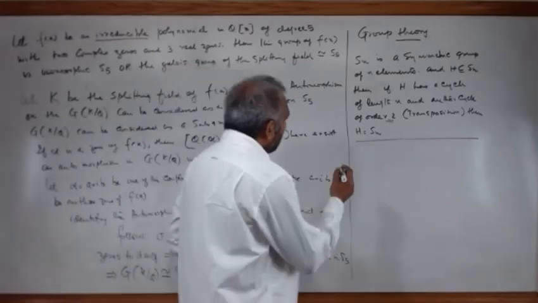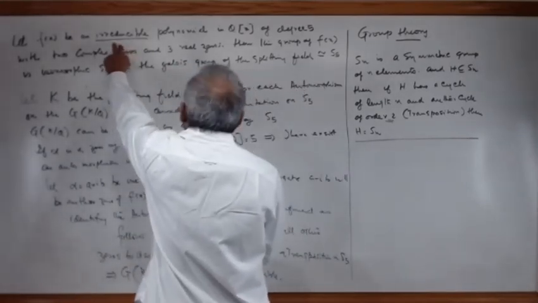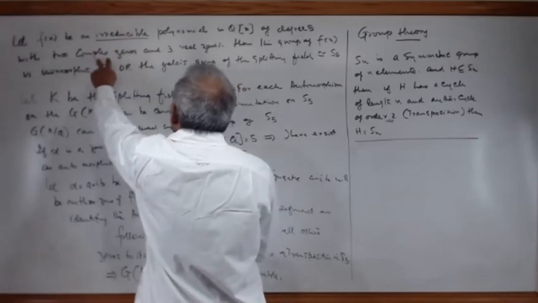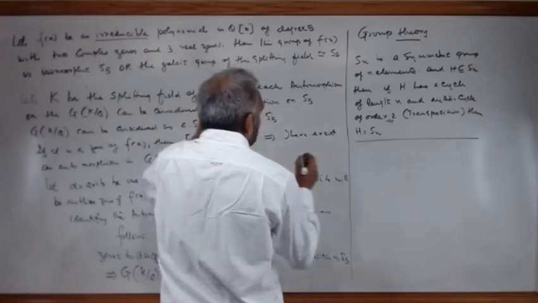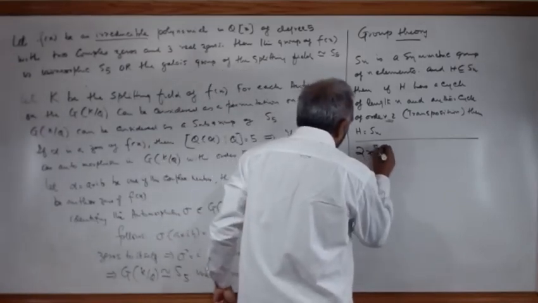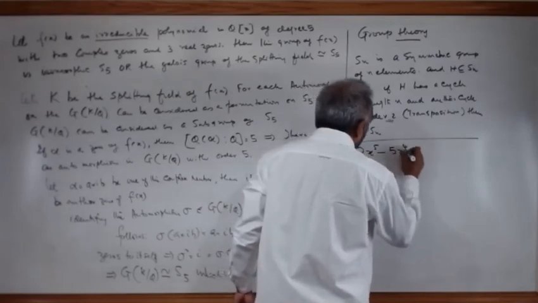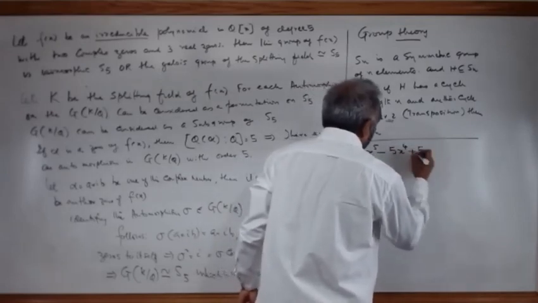One such example of an irreducible polynomial which has two complex zeros and 3 real zeros is 2x^5 minus 5x^4 plus 5.